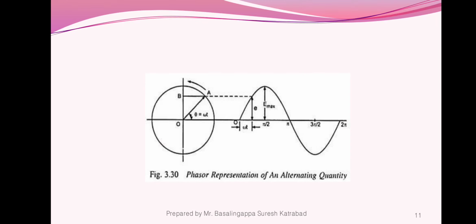Again it increases in the negative direction, reaches maximum, again decreases and reaches 0. This is the phasor representation of an alternating quantity. Simply, a phasor is used to represent a sinusoidal quantity. It is a straight line with an arrow marked in one direction.